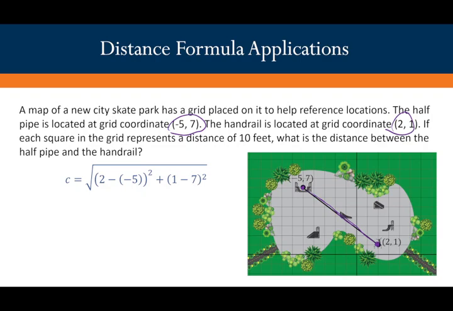So we have 2 minus negative 5 all squared. So that means this horizontal distance is 7. And then the vertical distance, we have 1 minus 7 all squared, which means this vertical distance, if you think about it, is 6.